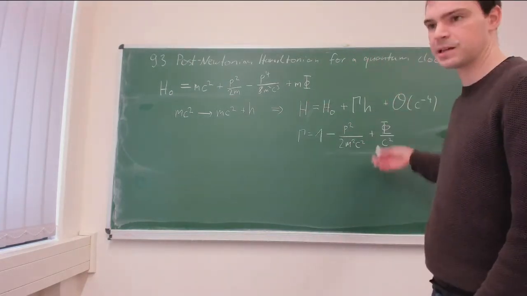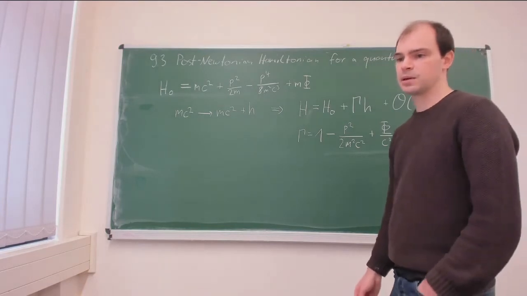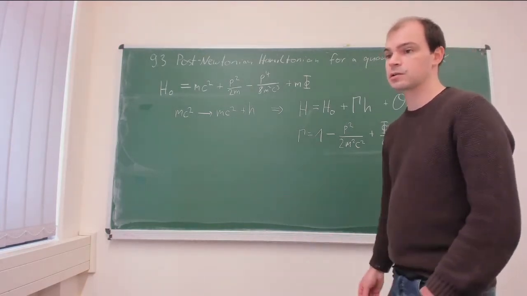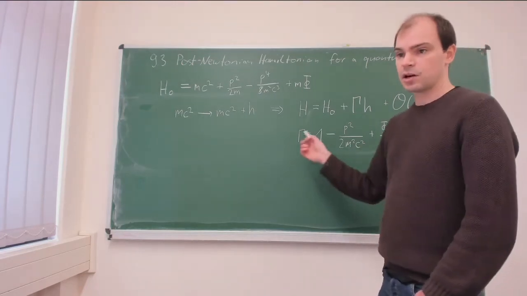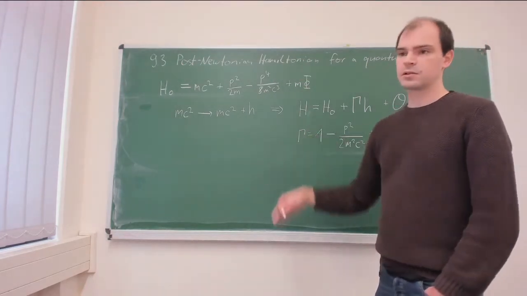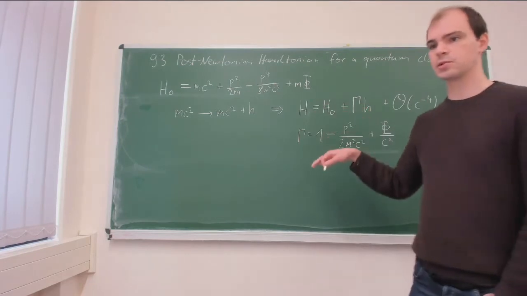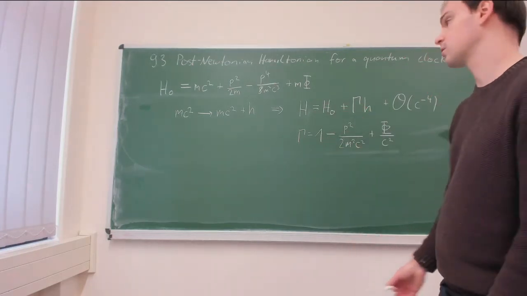So you could explain it that way, and it gives you the same numerical result, but it is not obvious from this derivation in terms of the Hamiltonian why you should call this time dilation.